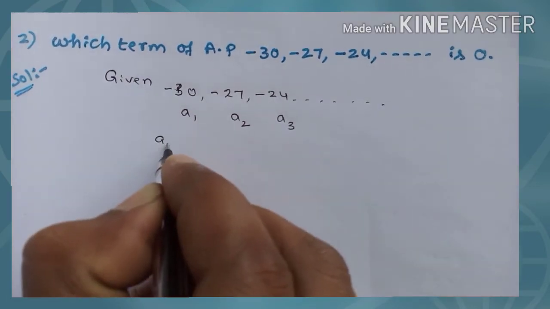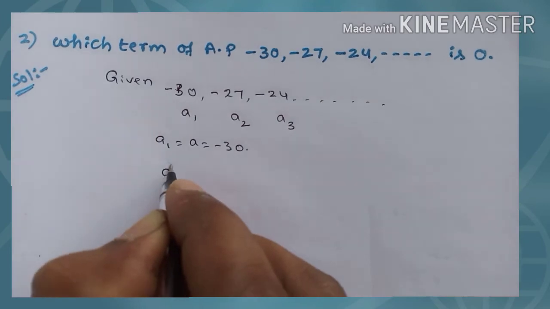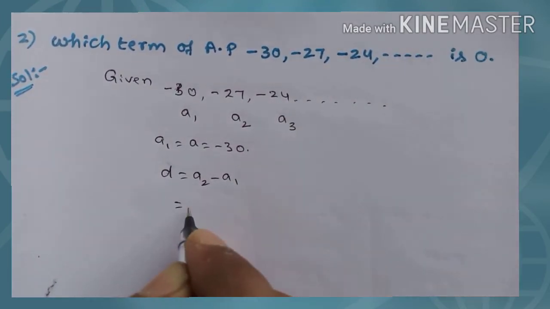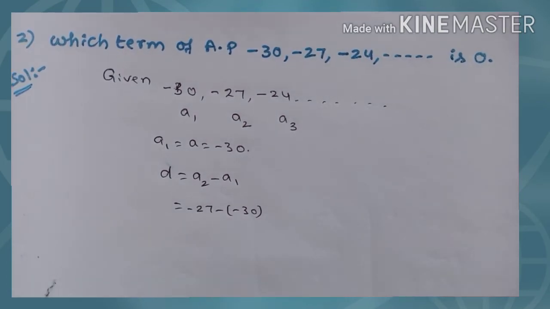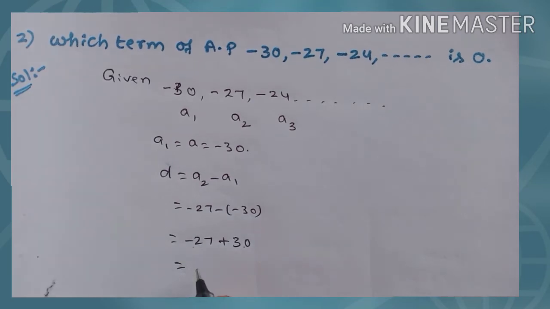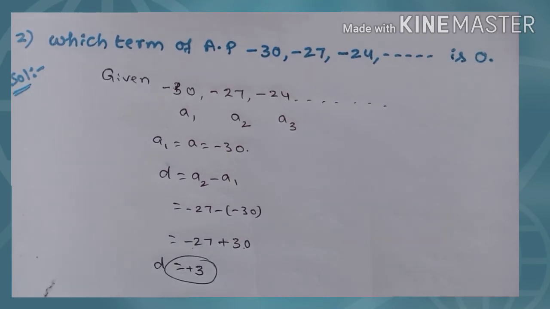A1 is equal to A is equal to minus 30. Common difference D is equal to A2 minus A1, minus 27 minus of minus 30, so minus 27 plus 30, which is 3. D is equal to 3.